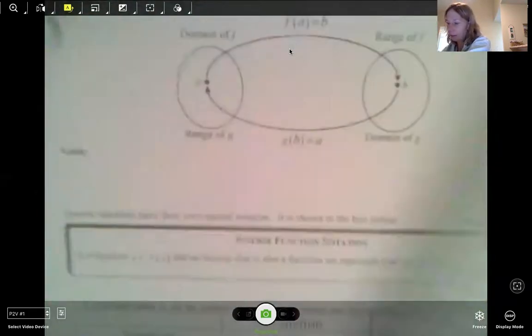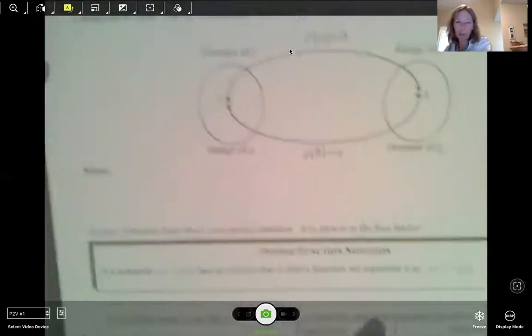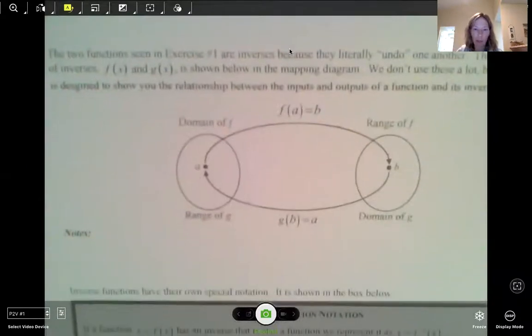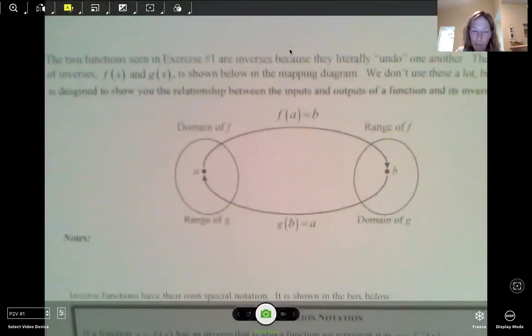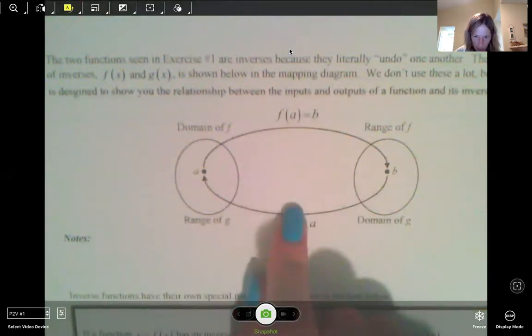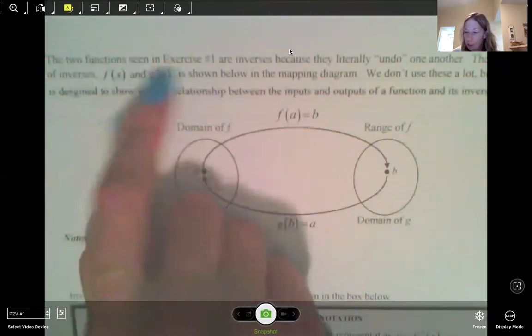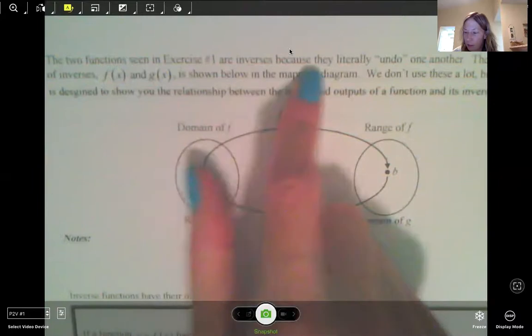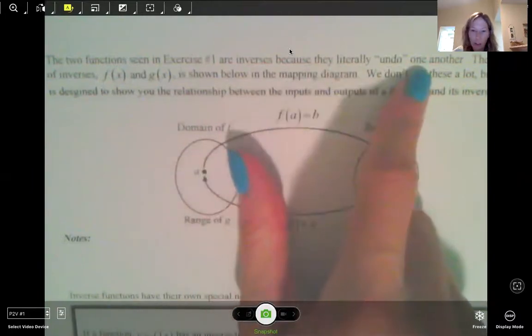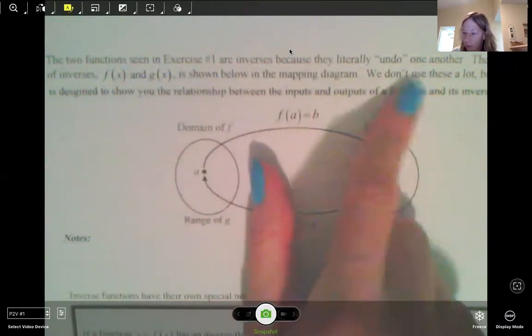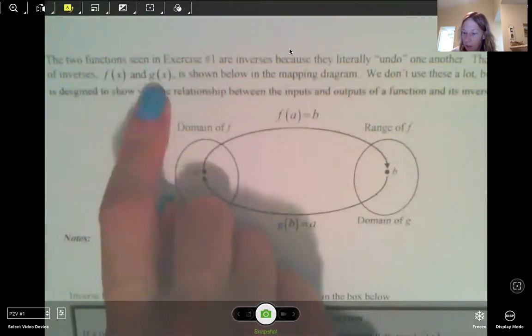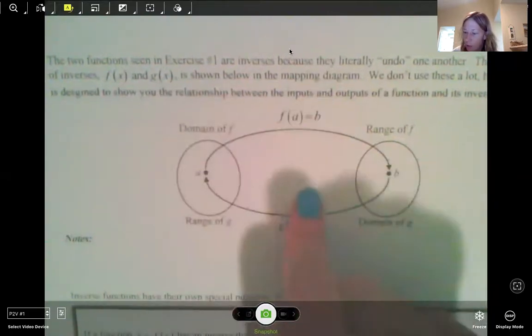So on this page, the second page of notes, it's just a visual of what happens. I don't know about you guys, but this visual is a little confusing, even to me. It says the two functions we just saw in exercise 1 are inverses of each other because they literally undo each other, which we talked about. The general idea of inverses f and g is shown in this picture.